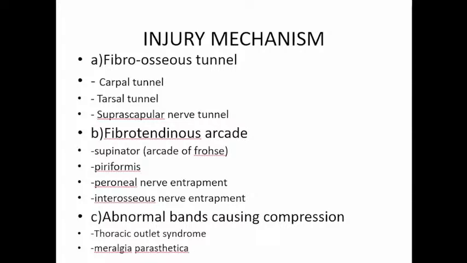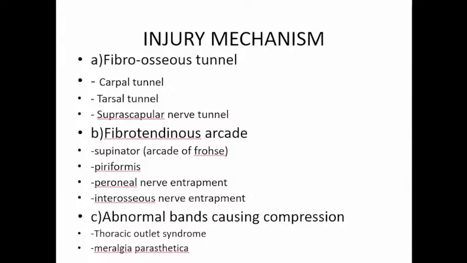When you talk about fibro-osseous tunnel, for example, in the wrist, I'll refer commonly to carpal tunnel syndrome since it's the most common nerve entrapment syndrome. So the carpal tunnel is formed posteriorly by the carpal bones, and anteriorly by the fibro-osseous retinaculum.